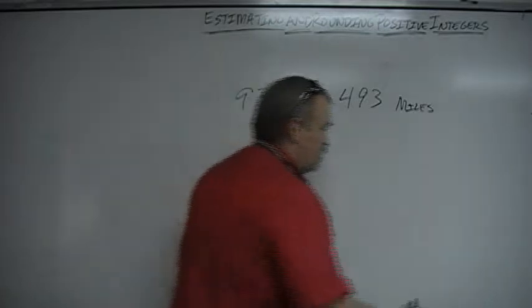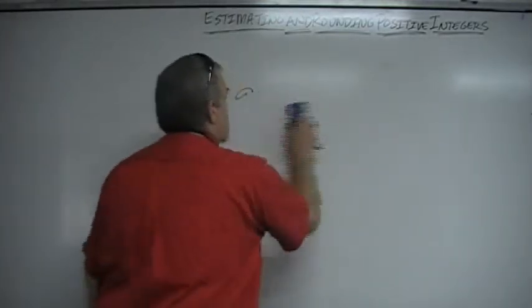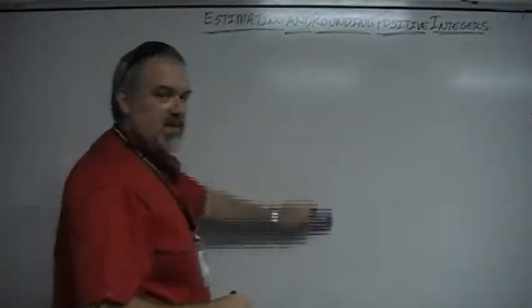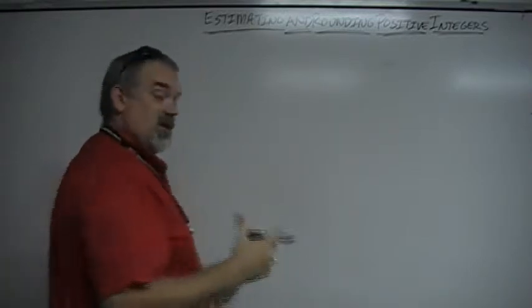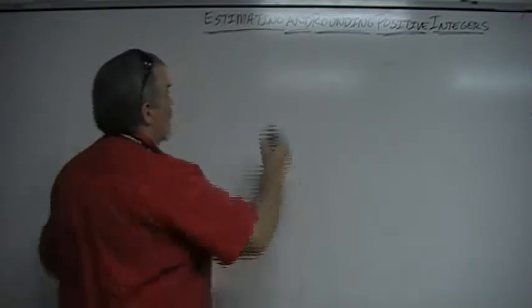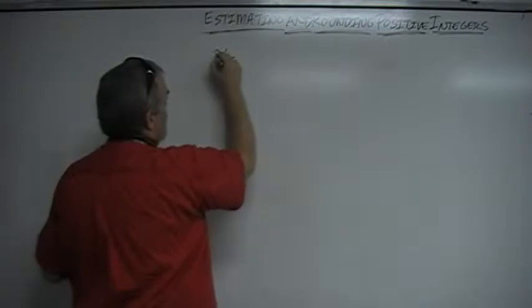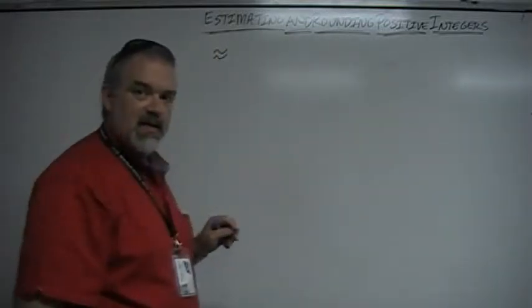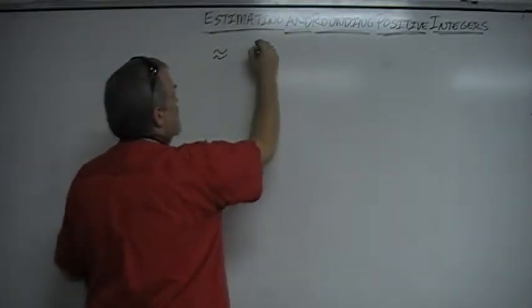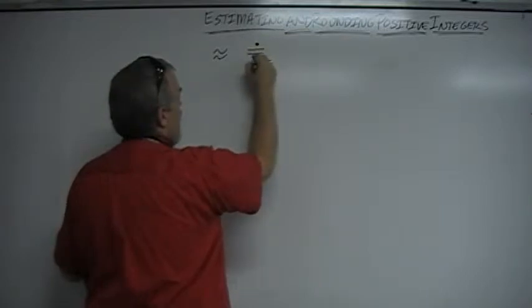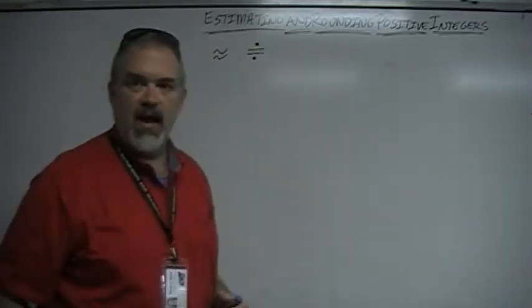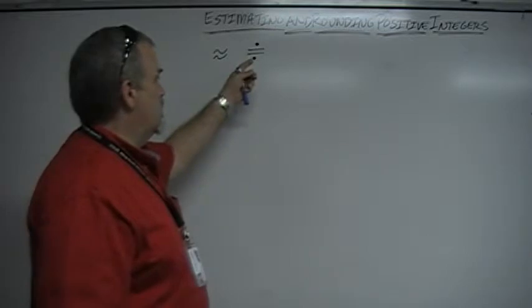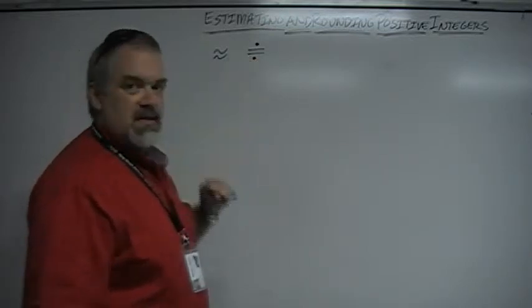Now, as we talk about this idea, there is one symbol that is important for us to learn. Actually, two symbols that mean the same thing. One is this sort of squiggly equal sign. The other one looks like a division sign and an equal sign that kind of got mixed with each other, an equal sign with dots on the top and bottom.